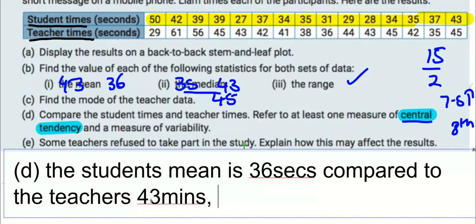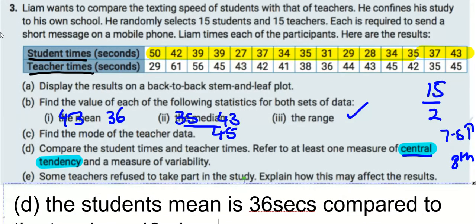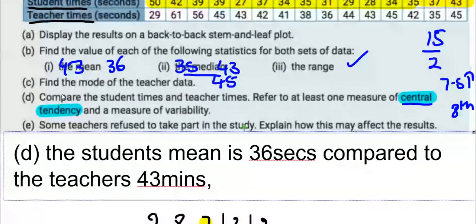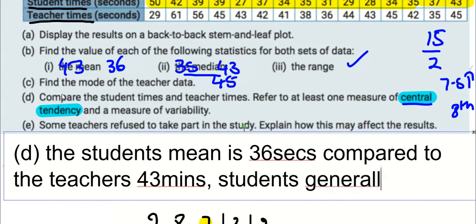This implies that students generally type messages quicker than teachers. See the way I use the word generally? What does that mean? In general, students are faster than teachers at typing text.